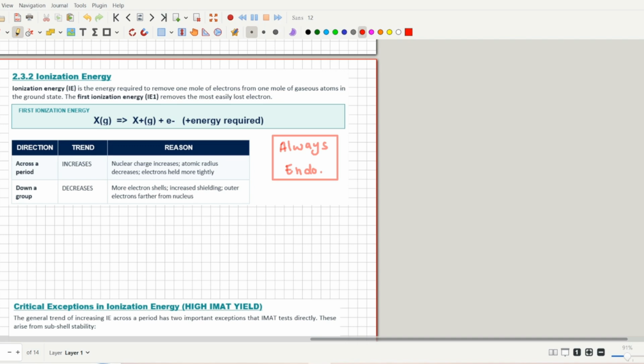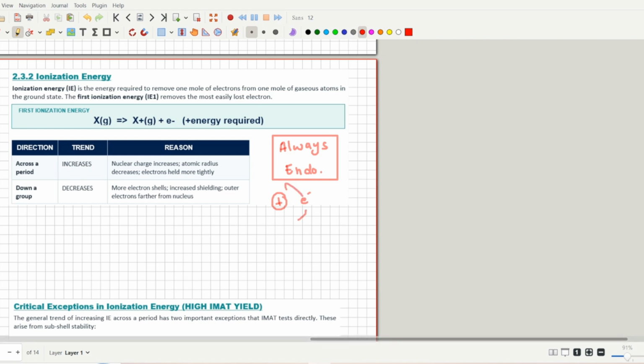If we talk about the trend, ionization energy increases across a period and decreases down a group. Why is that? The reason is simple: ionization energy always increases when the atomic size is small. For example, if you have a small atom, this is the nucleus and this is the electron.